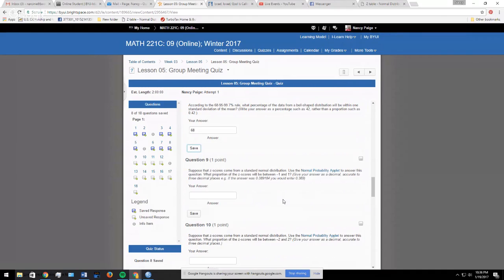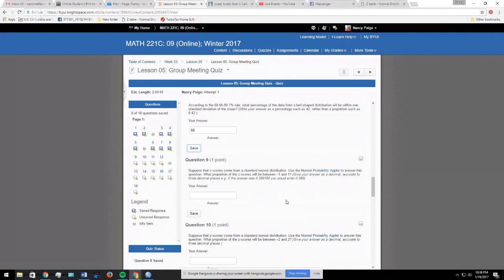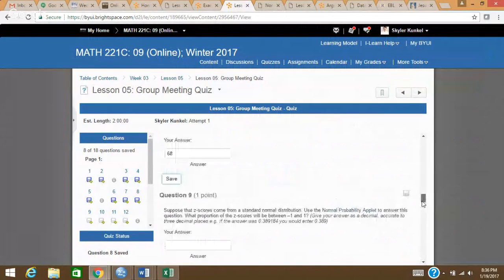Suppose that the z-score comes from a standard normal distribution. Use the normal probability applet to answer the question. What portion of the z-scores will be between -1 and 1, given as a decimal?